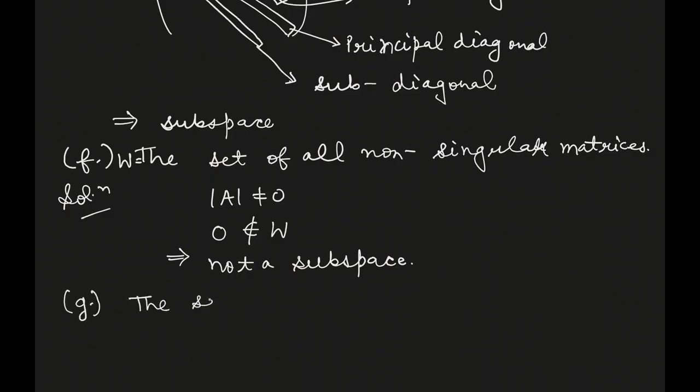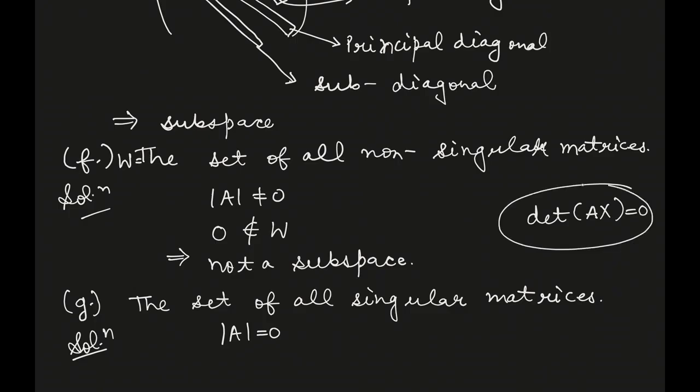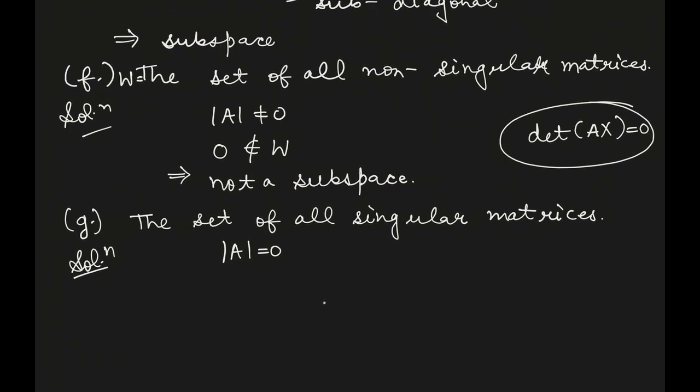The set of all singular matrices. It is also not a subspace. We have already discussed in that question the determinant of A equal to 0. So what will be the problem in this?